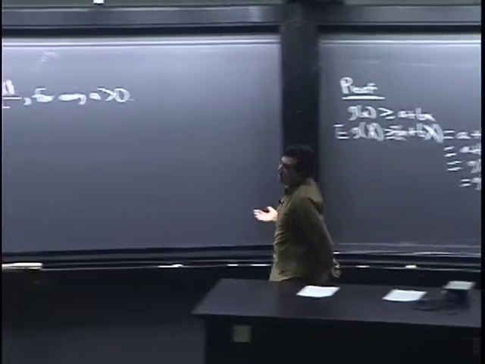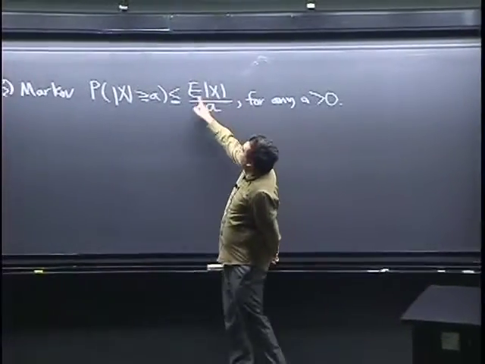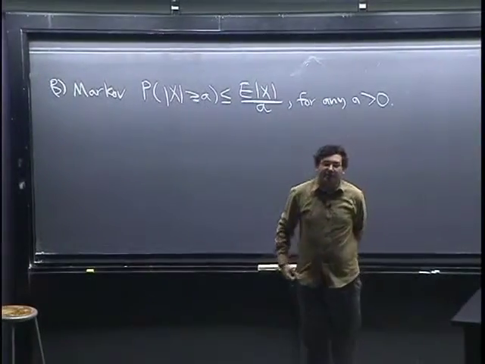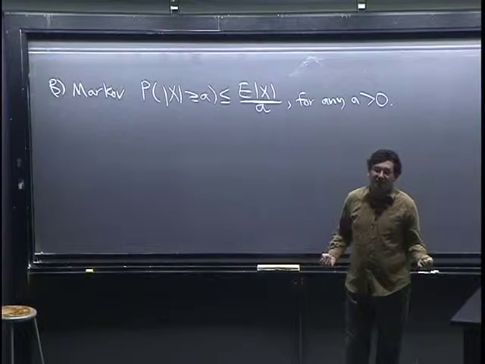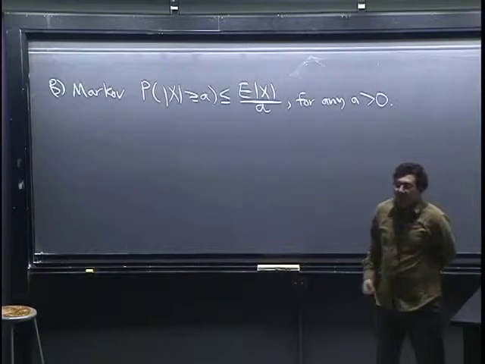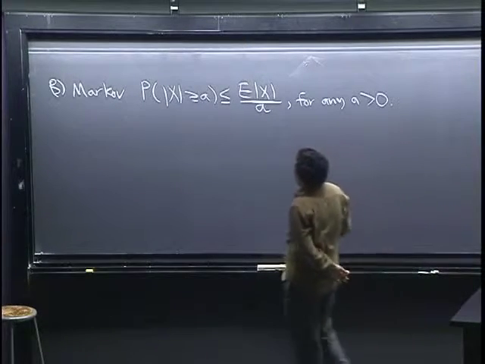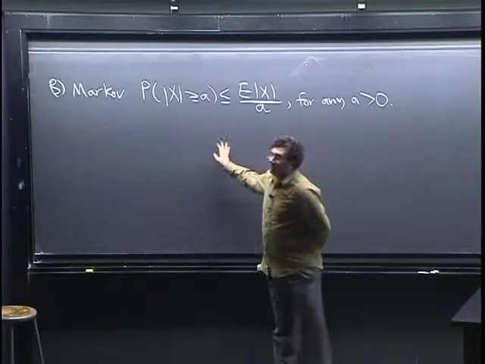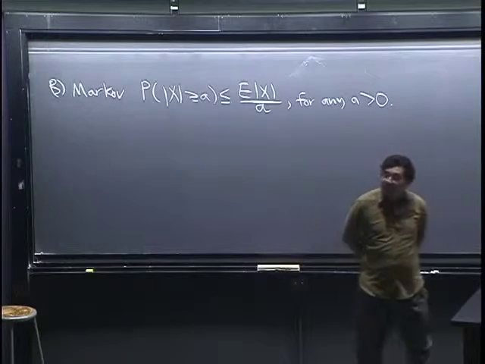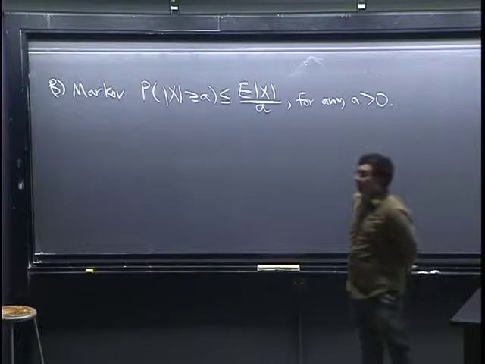In some cases, the right-hand side is bigger than 1, in which case this is true, but tells us absolutely nothing. So this is a simple, crude inequality, and so let's prove it.